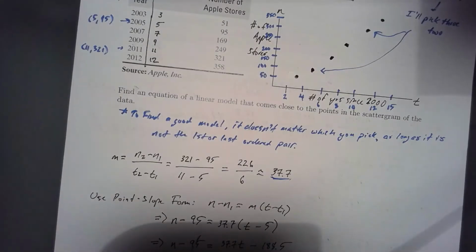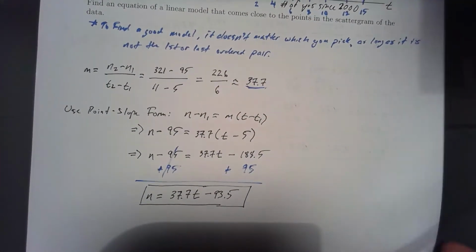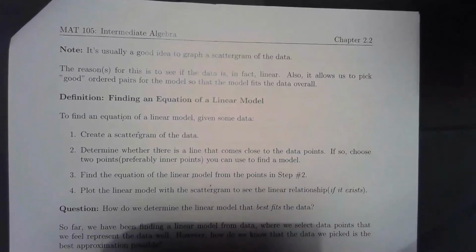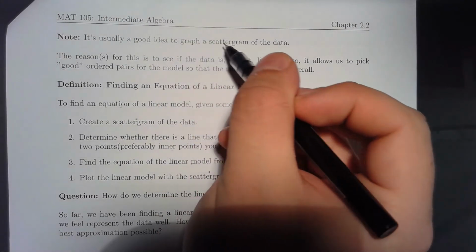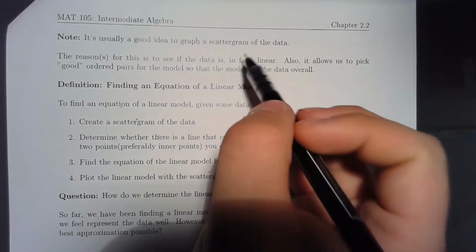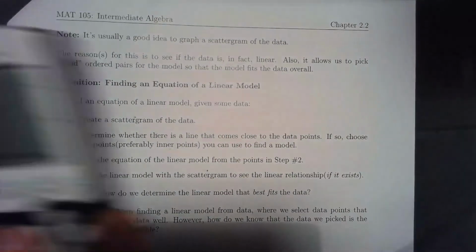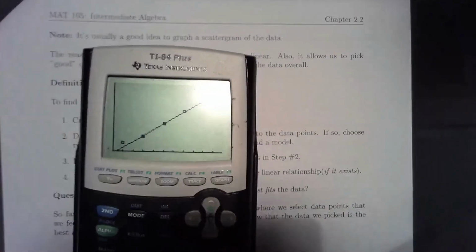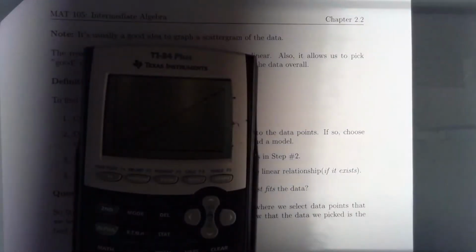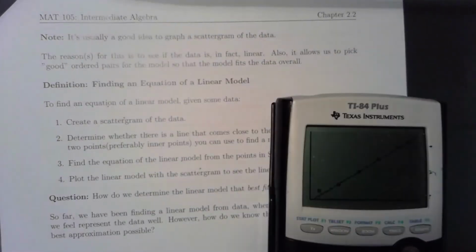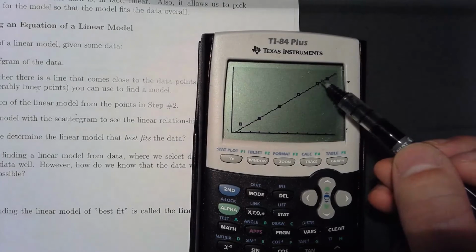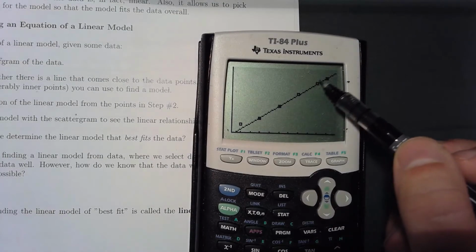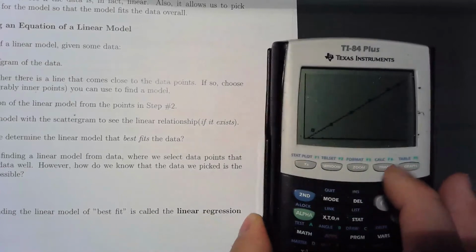Okay, so that's that question. I just want to make a few notes here. It's usually a good idea to graph a scattergram, and the reason for this is to see if the data is in fact linear, like this. This data is obviously linear. The ordered pairs seem to go linear, so yeah, that's a good idea.